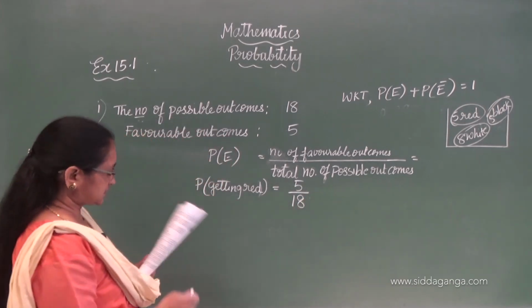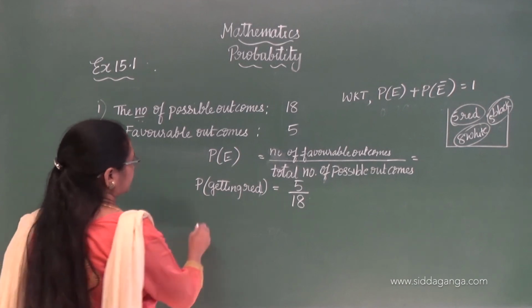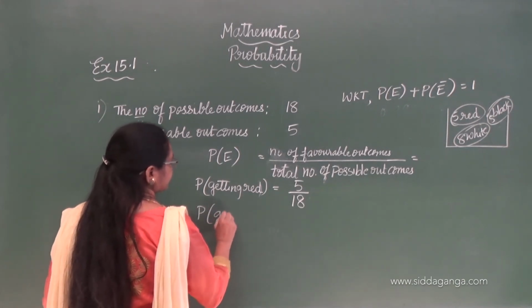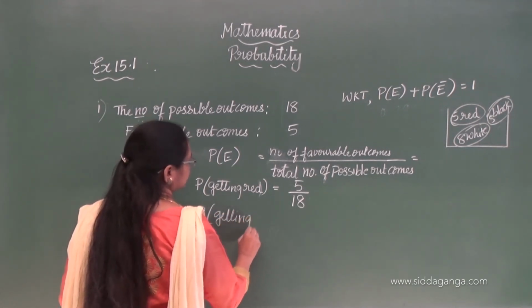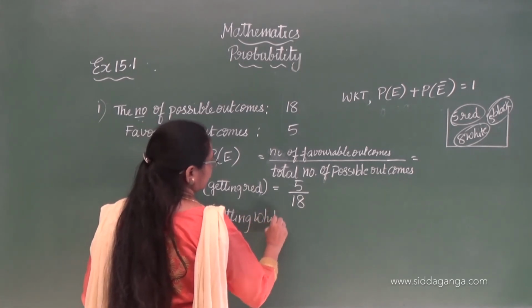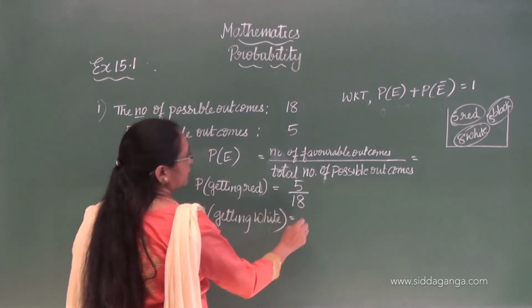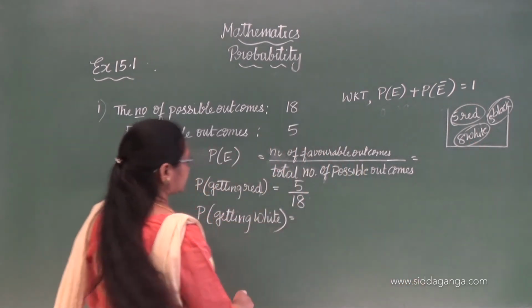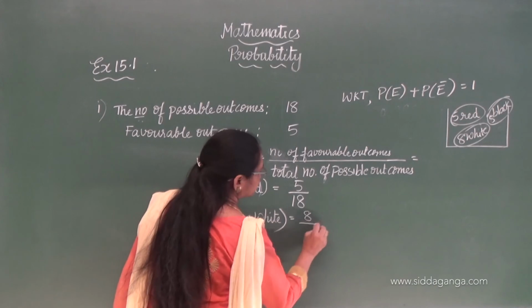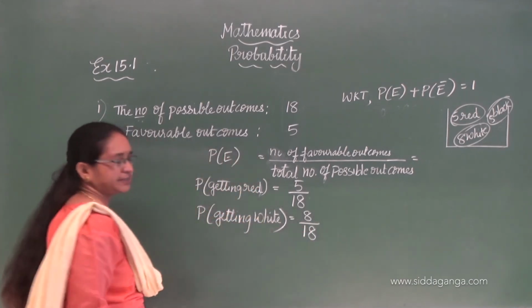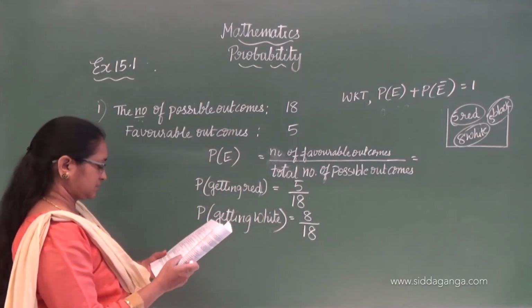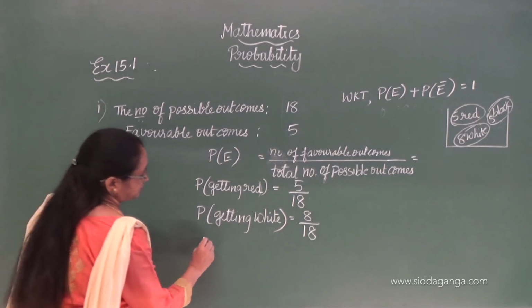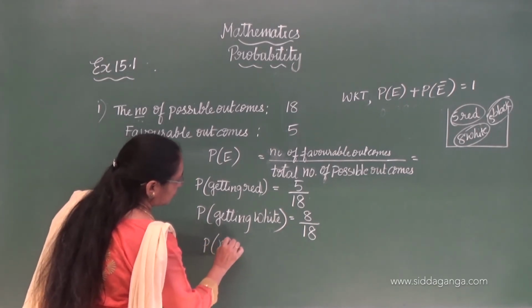Okay. Next, probability of getting white, so white again we have how many? 8. Okay. So 8 by possible is same, 18. Then not green, probability of getting not green.